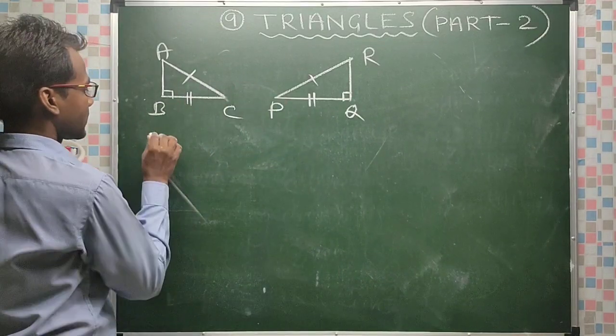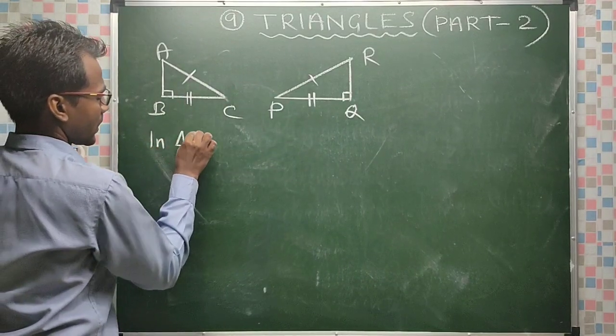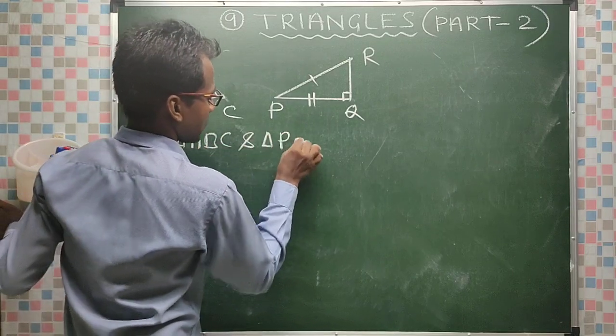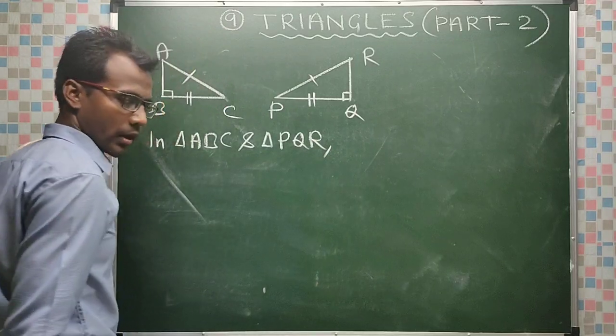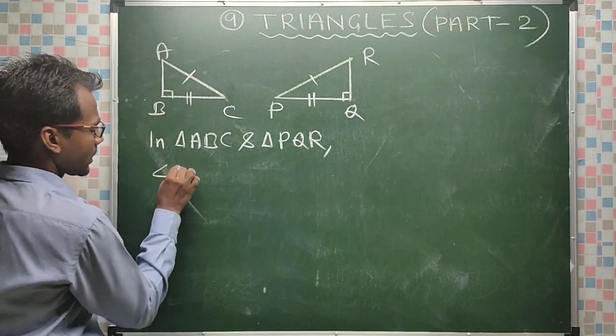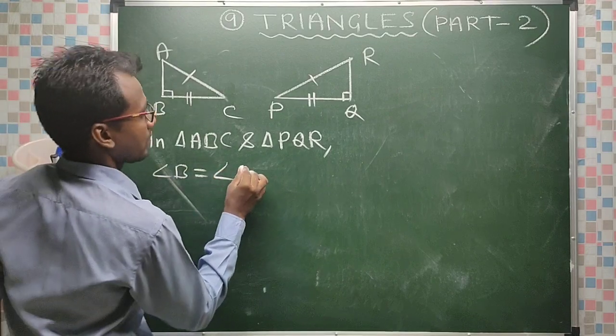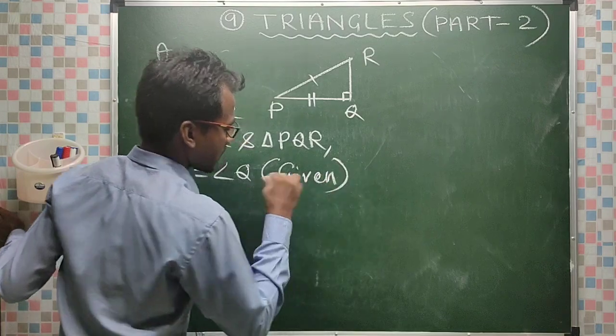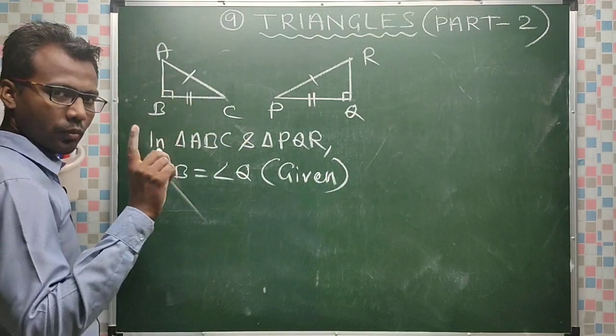So let us write this. In triangle ABC and triangle PQR. Okay, first right angle. Angle B is equal to angle Q. This is given. After right angle, move to hypotenuse.